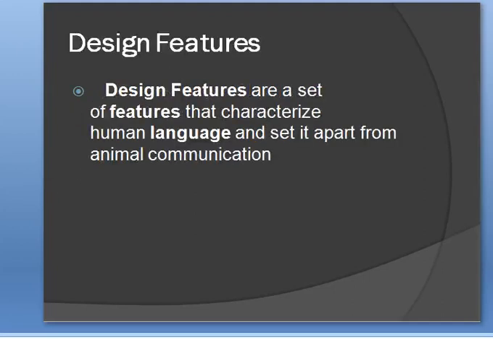So for that, let us see first what are design features. What do they mean? So design features are basically a set of features that characterized human language and set it apart from animal communication. Right? What are these design features? Those features which are the characteristic of human language, and it is not about any specific language.